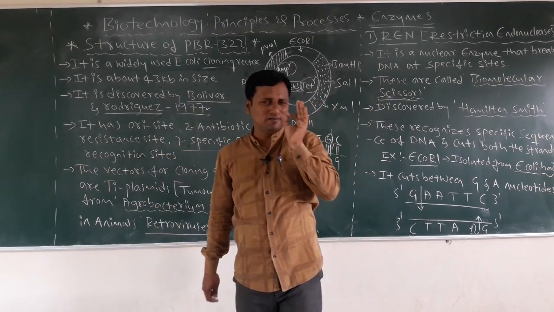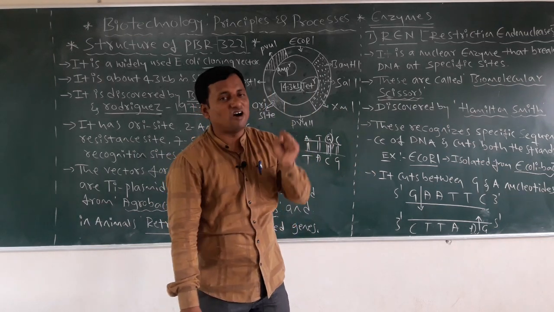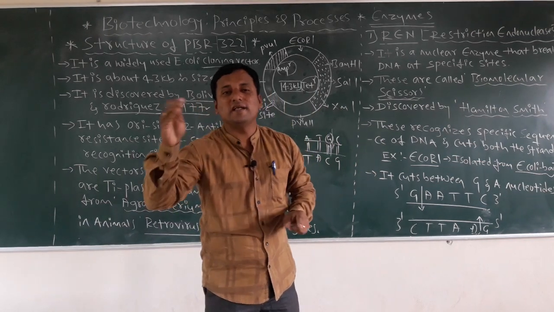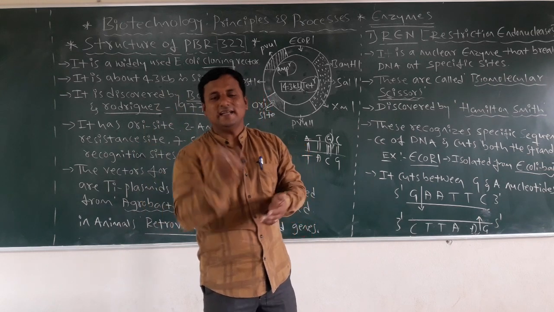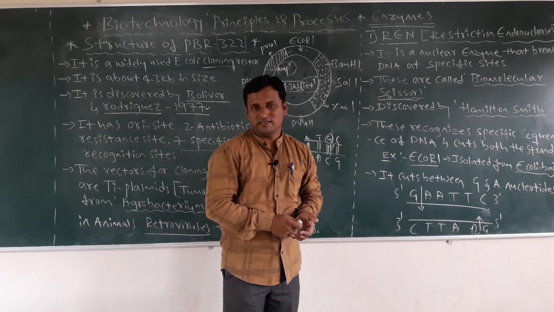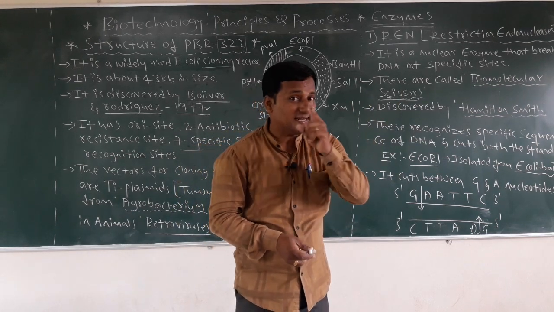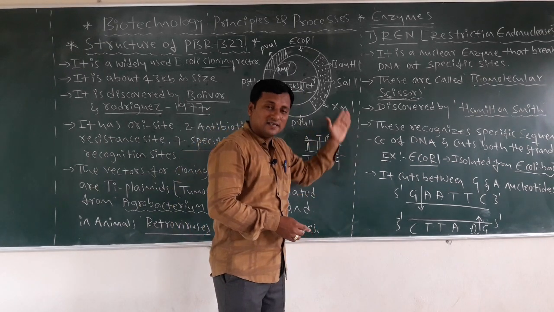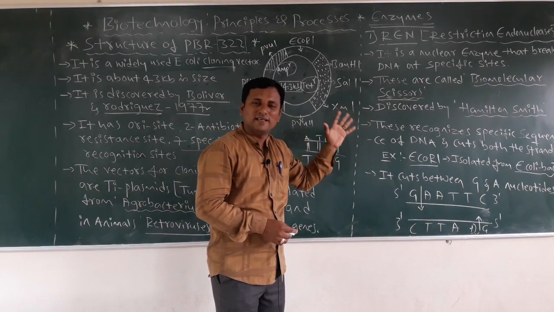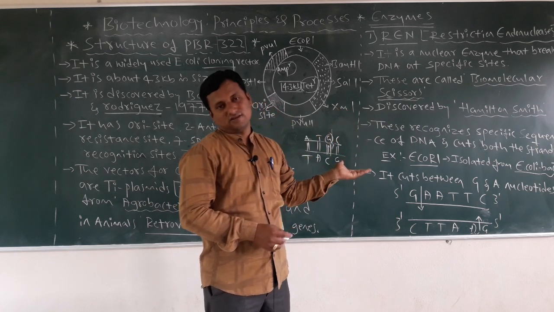This is one of the very important functions of REN: replacement of the mutant gene, and introducing the normal gene by another enzyme called DNA ligase. These two enzymes play a very important role in this replacement.